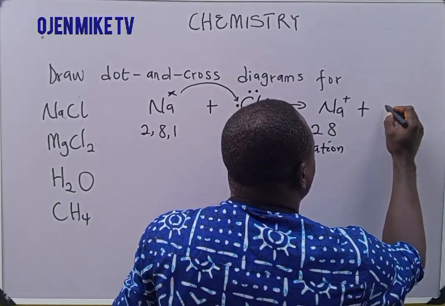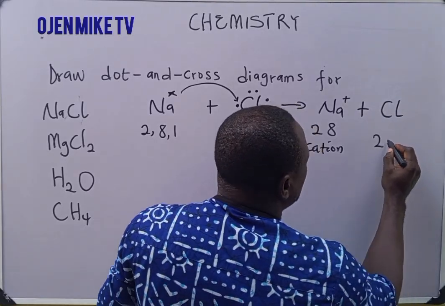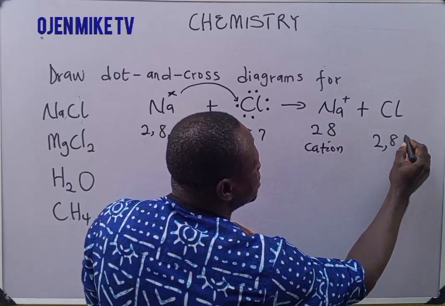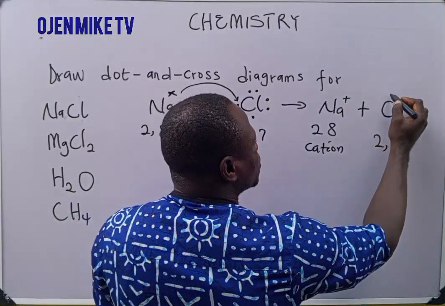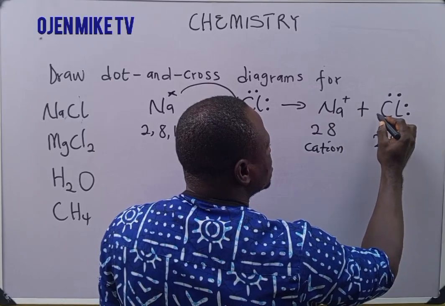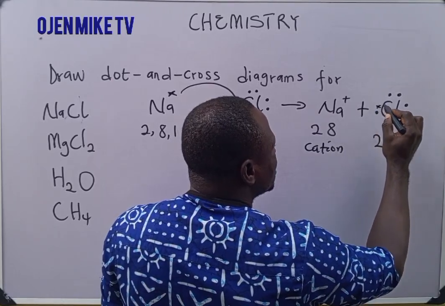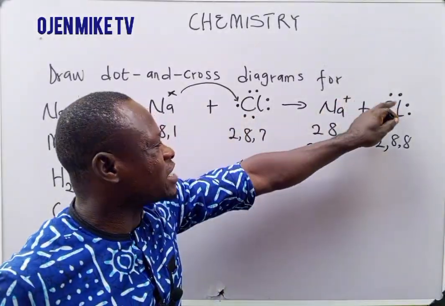So since it has accepted 1, you now form something like this: 2, 8, 8. It means that you have 1, 2, 3, 4, 5, 6, 7, 8.